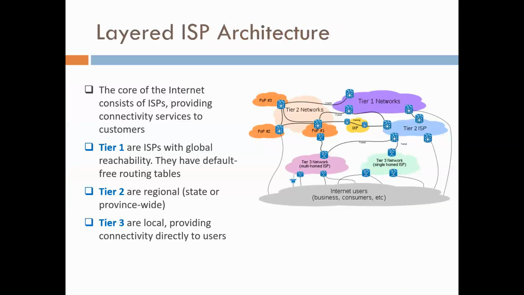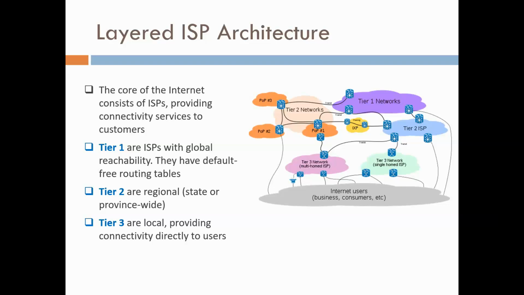We said that the Internet core is made up of autonomous systems, but they are not all the same. They can actually be categorized into levels or tiers, where tier 3 is where we find our own autonomous system that we directly connect to, that we are subscribers of. In Egypt, they can be, for example, Orange DSL or Vodafone or Etisalat or any of these ISPs.